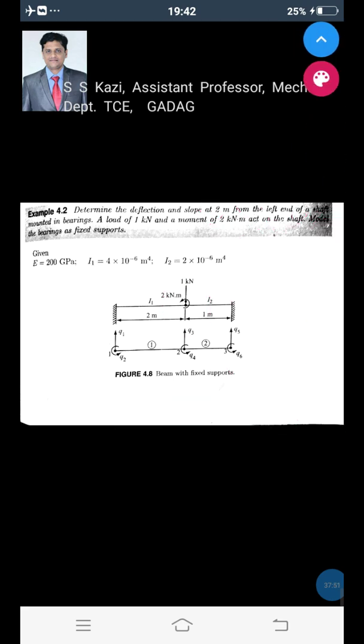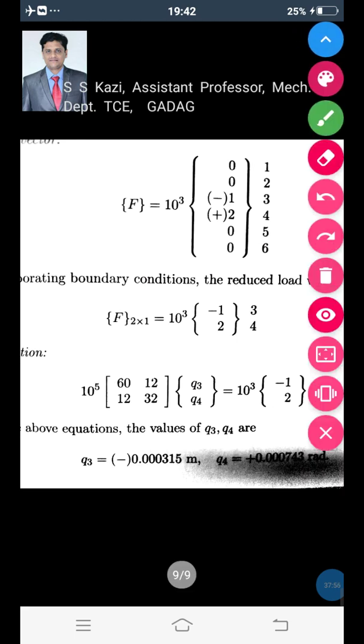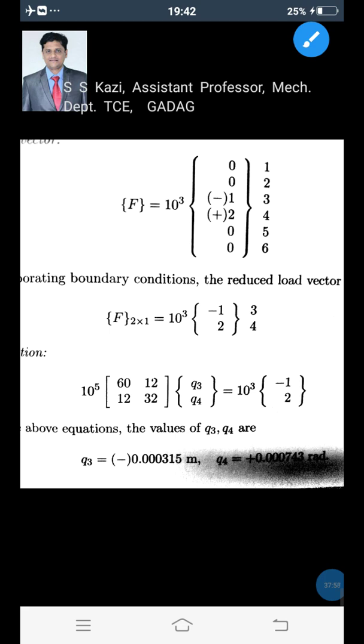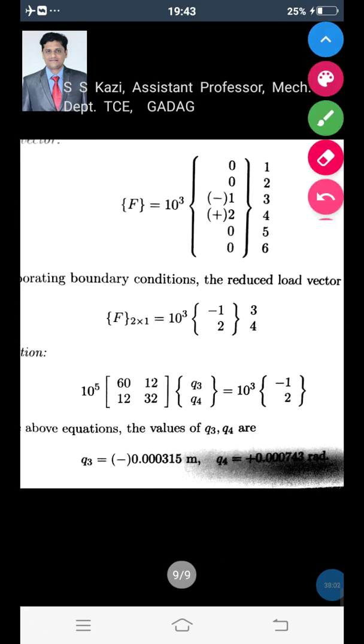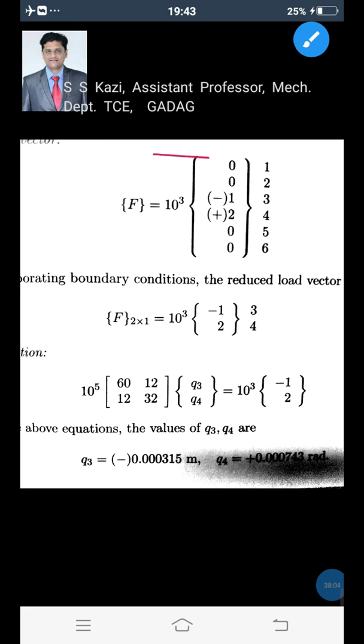Now we will proceed to the calculation. Since U1, U2 are 0 and U5, U6 are 0, eliminate the first row, second row, fifth row and sixth row. What remains in the load vector?